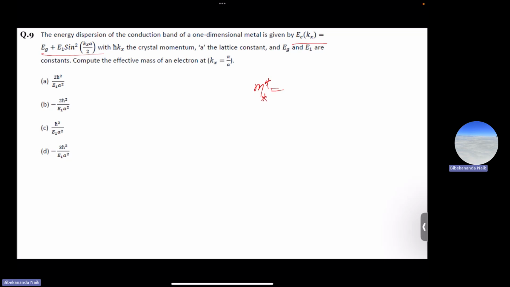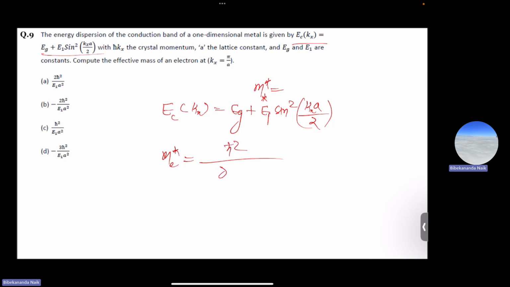So the expression for E C as a function of k x is given, which is E g plus E 1 sine square k x a by 2. And we know the formula for effective mass is m star equals h cross square divided by del square E C by del k x square.